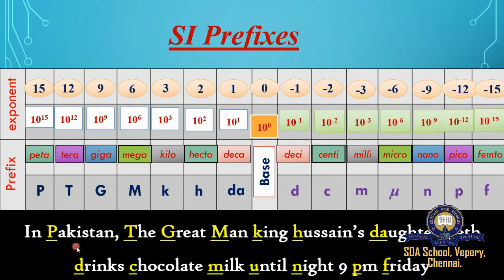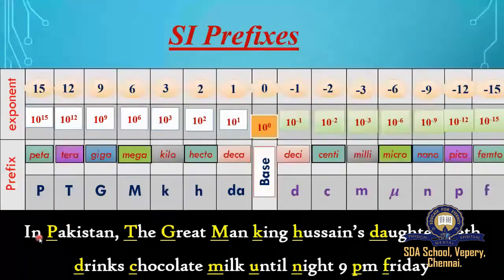It says, in Pakistan, the great man King Hussein's daughter Beth drinks chocolate milk until night 9 p.m. Friday. So here I've just made a sentence. I've just put the symbols of prefixes into a sentence just to recall the order of the prefixes.